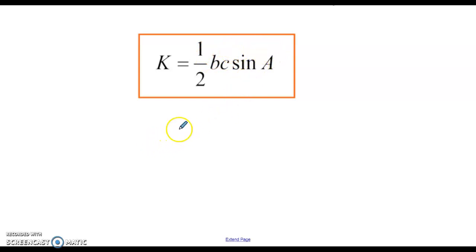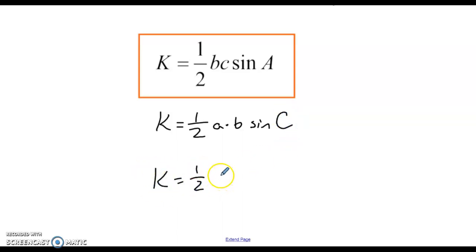If you know side lengths A and B, then the formula would be 1/2 times side length A times side length B times the sine of the angle in between those two, which would be angle C. Or if you know side lengths A and C, then the included angle you would need to know is angle B. So there are three versions of the same formula, and your formula might not even be called ABC, it might be called DEF, in which case the side lengths you know go right there and there, and the angle in between them goes right there.